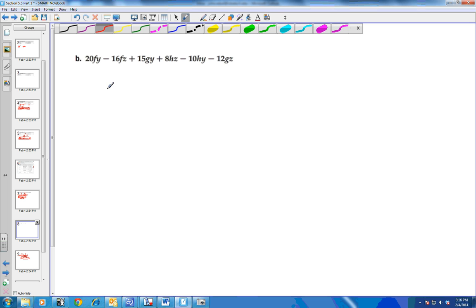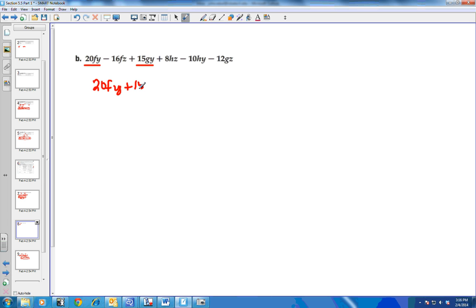I'm going to group together my 20fy, my 15gy, and my negative 10hy. Plus, now I'm going to group together what I have left: negative 16fz plus 8hz minus 12gz.